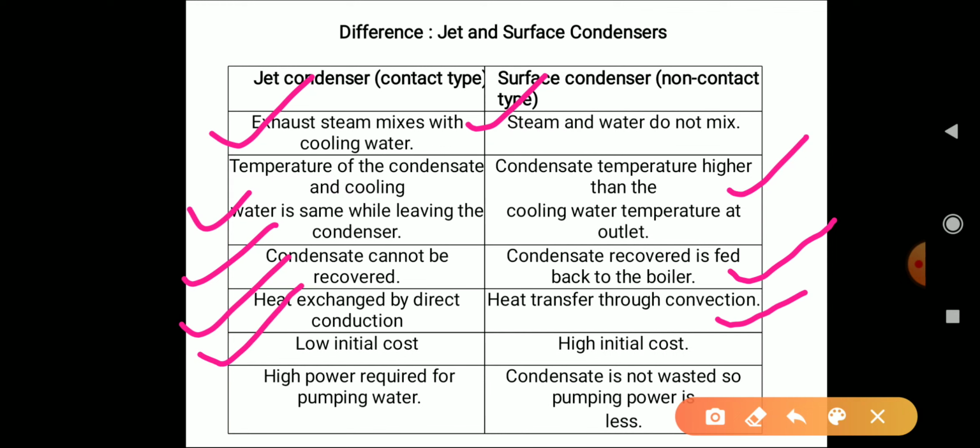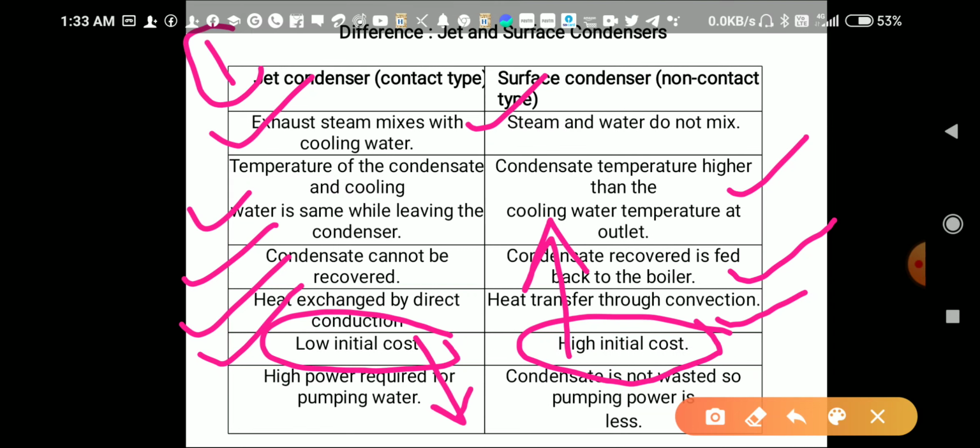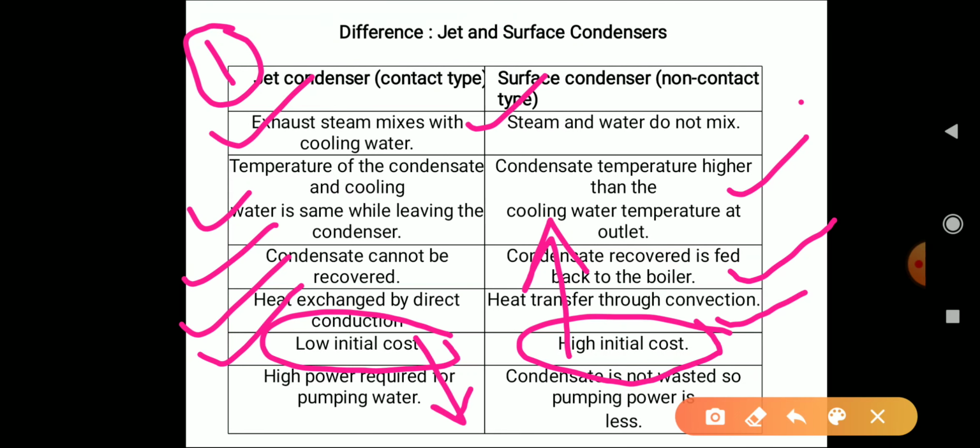Jet condenser, low initial cost. This is very much important. In surface condenser, initial cost is high. This initial cost is lower, so this one is widely preferred. In jet condenser, high power is required for pumping water.